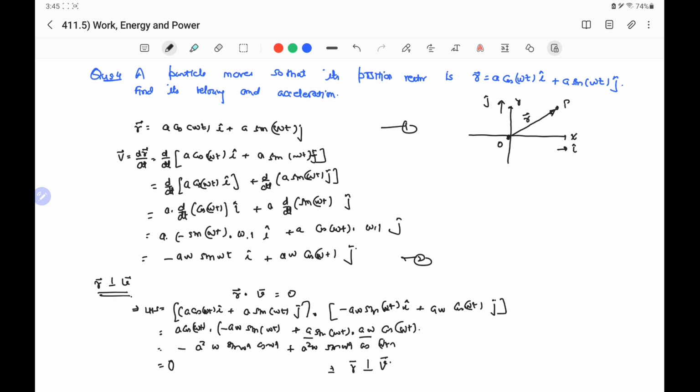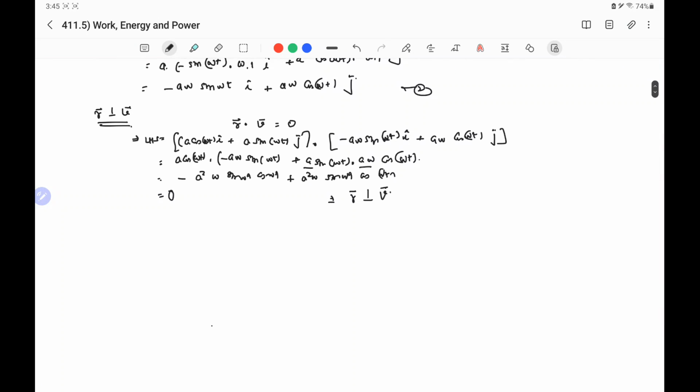Now we have to find the acceleration, and acceleration is the rate of change of velocity. So we will differentiate velocity with respect to time, and the velocity we have calculated as per equation 2. It is minus a omega sin omega t i plus a omega cos omega t j. Now we will differentiate the first term and then the second term.